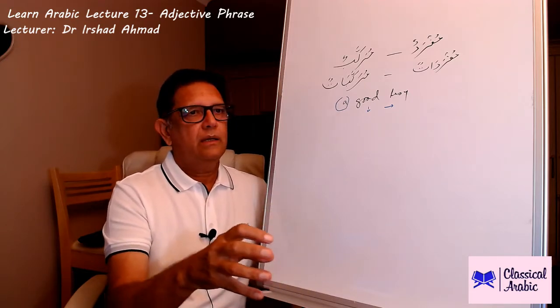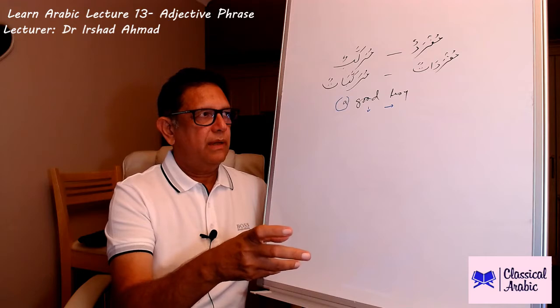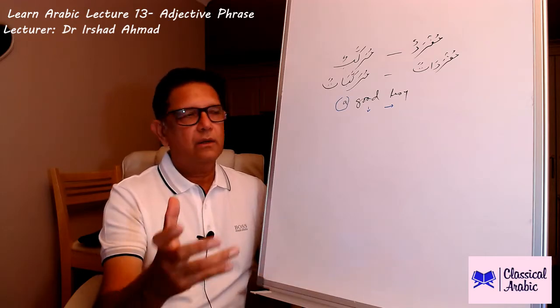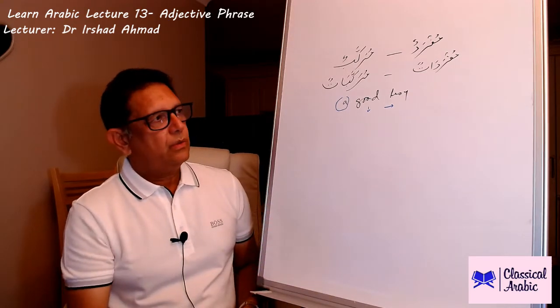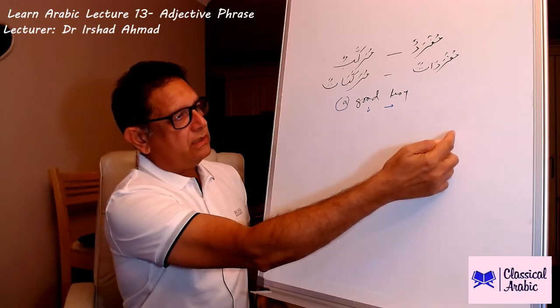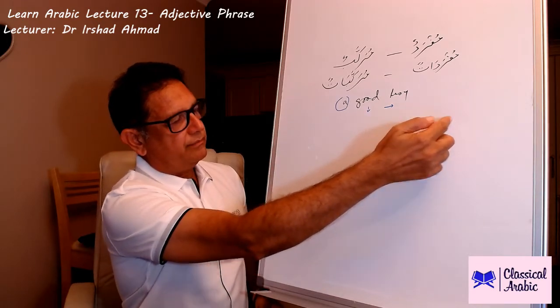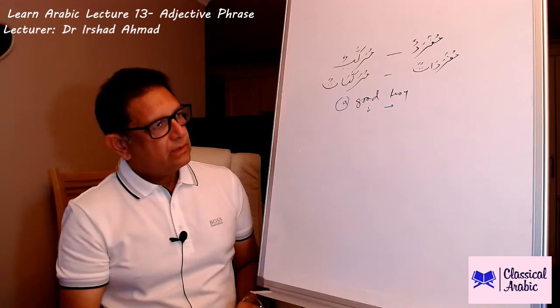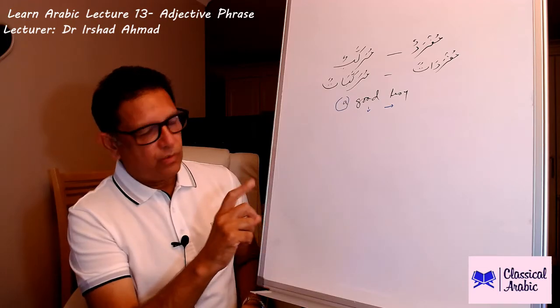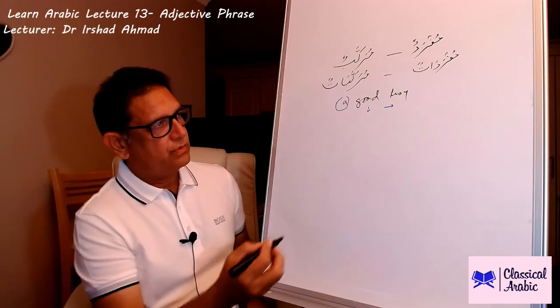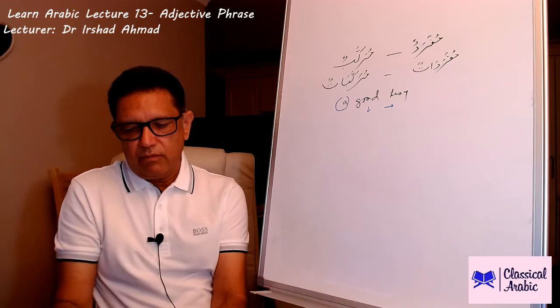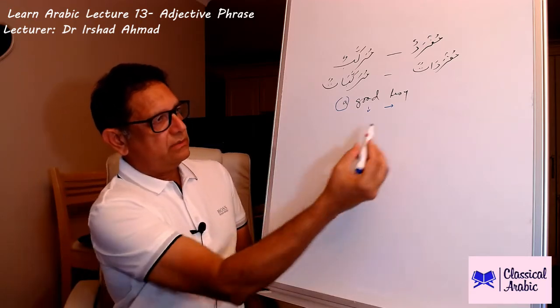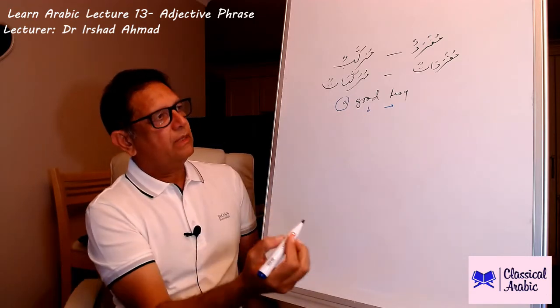Man, what kind of man. Girl, what kind of girl. In Arabic, because we read and write from right to left, first we have boy, which is the mawsuf, and then the mawsuf is followed by sifa. So it's going the other way around.